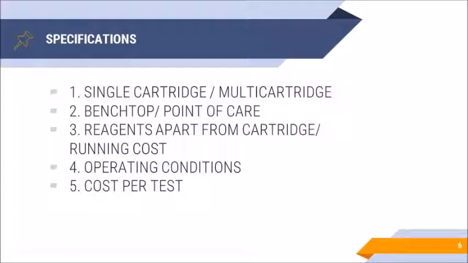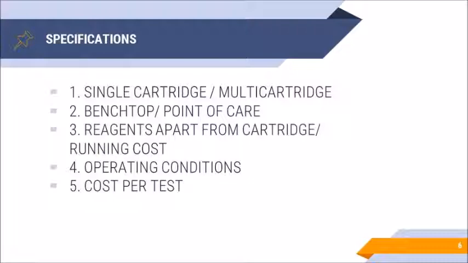The technical specifications that need to be considered during purchase of medical equipment, specifically a blood gas analyzer, are these. First is whether it's a single cartridge system or a multi-cartridge system. Second, a benchtop analyzer or a point-of-care analyzer. Third, reagents apart from the cartridge or the running costs that will be needed to run the machine.